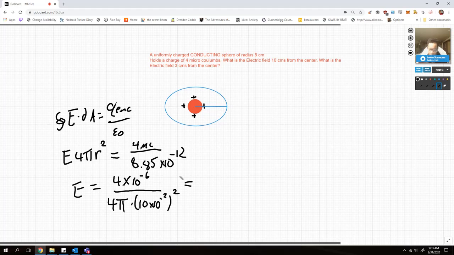And I get my electric field is equal to 3.18 times 10 to the negative 5 newtons per coulomb.